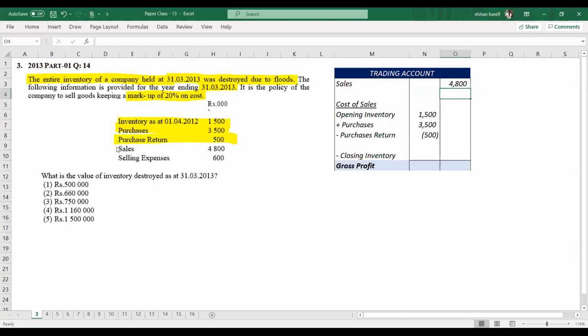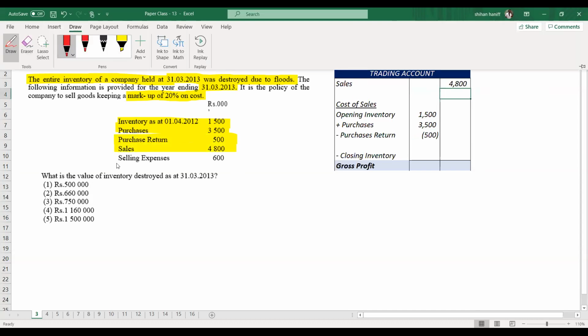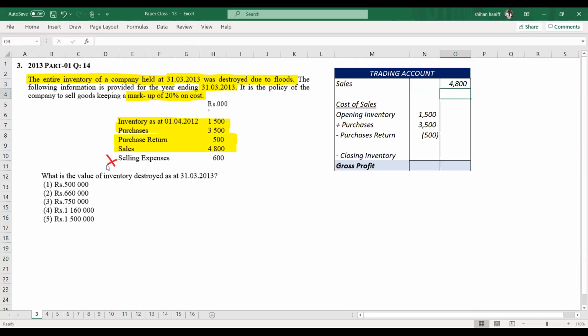Selling expenses won't come under the trading account. This is in the income statement under distribution expense. So we don't need to consider this distribution expense. Selling expense will not be considered for the gross profit calculation.